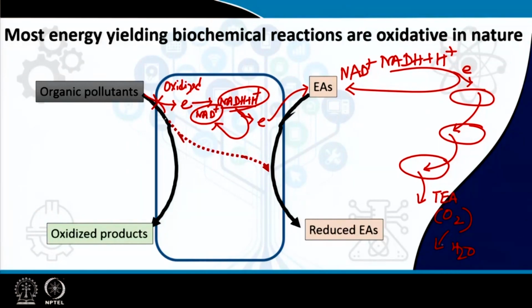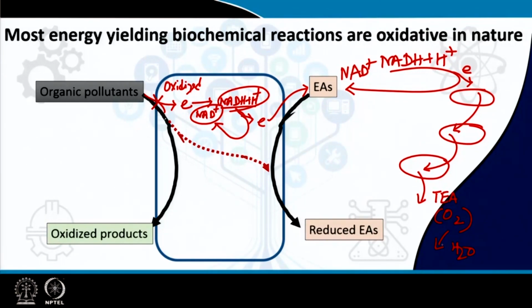But if oxygen is not there, or if the oxygen is consumed, as in most contaminated rivers, lakes or other ecosystems, we see that the oxygen is consumed very quickly, because the aerobic microbes utilize oxygen as the terminal electron acceptor and degrade the organic pollutant. Therefore the oxygen level declines, which is often connected to the BOD of the water.